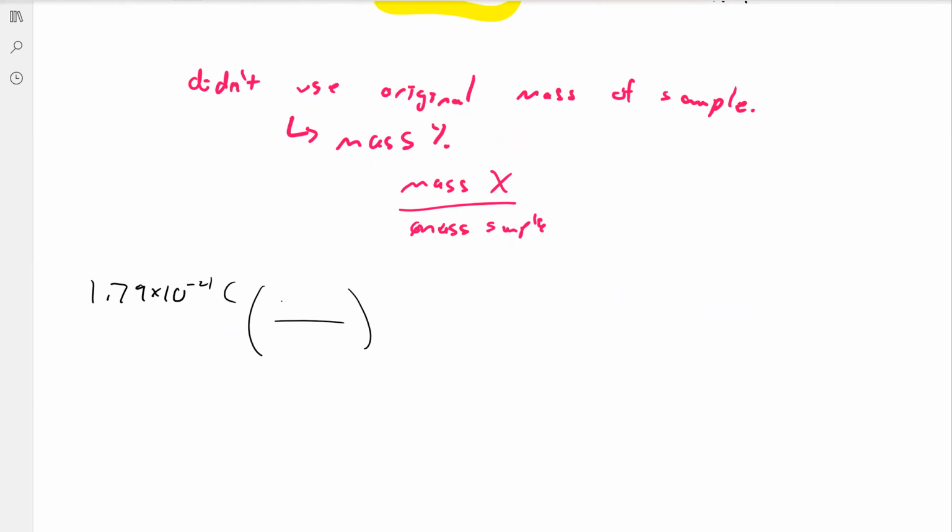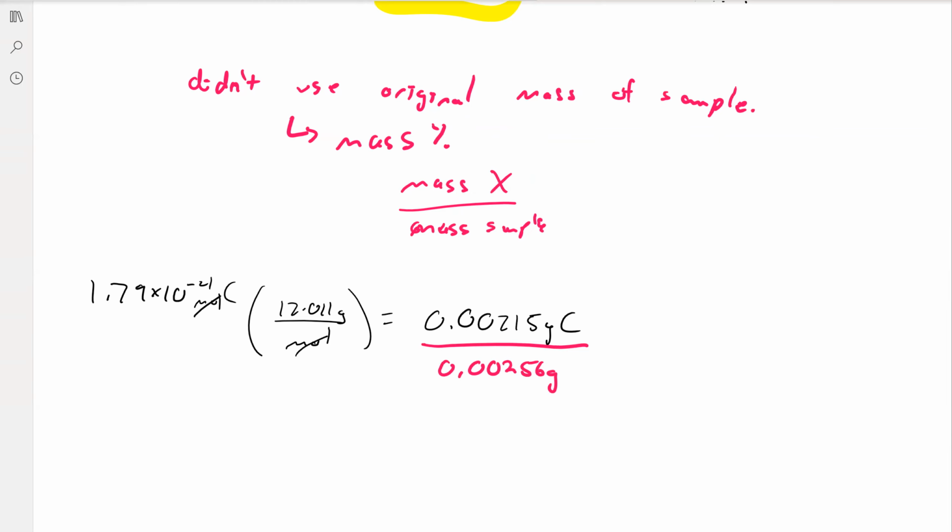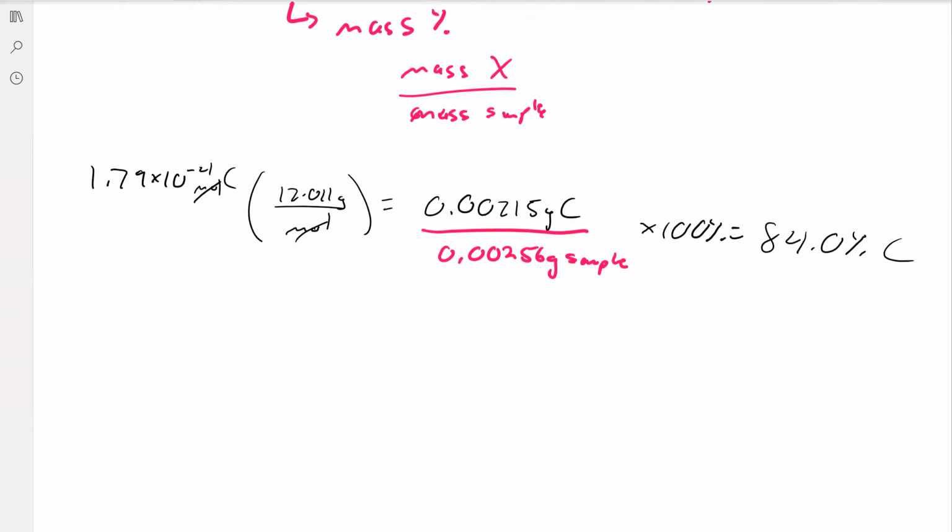We'd convert that to grams and end up with 0.00215 grams of carbon. That's our mass of carbon, and then we just divide by the total mass of our sample. Multiply by 100% because it's a mass percent. And you get that it's 84.0% carbon. And then you could do the same thing with hydrogen.